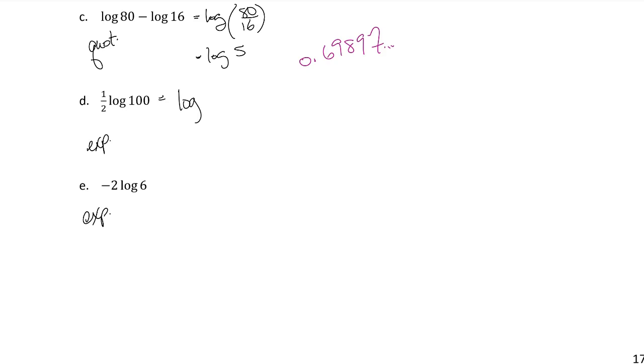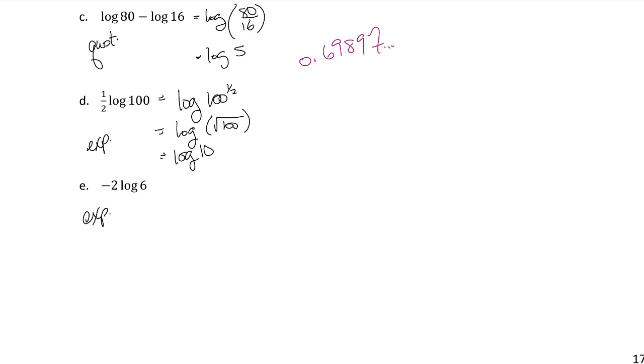Right here, log of 100 to the power of a half. If you remember, that's the same as taking the square root, if you want to write it like that. The square root of 100 is 10.